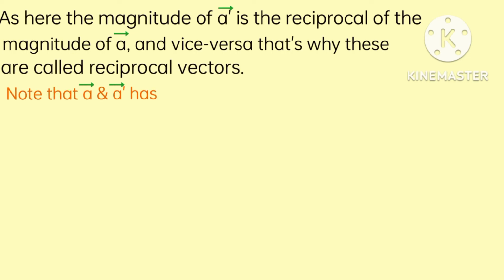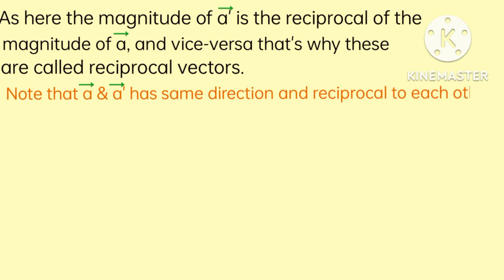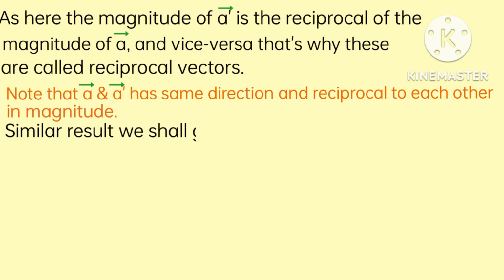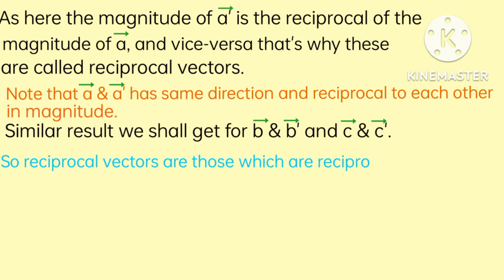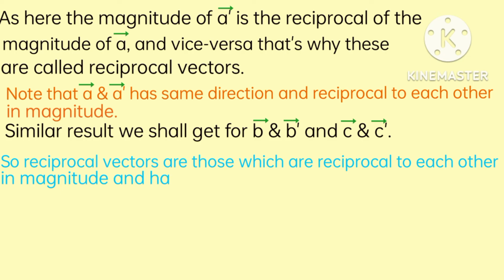Note that A and A' have the same direction and are reciprocal to each other in magnitude. A similar result we shall get for B' and C' vectors. So reciprocal vectors are those which are reciprocal to each other in magnitude and have the same direction.